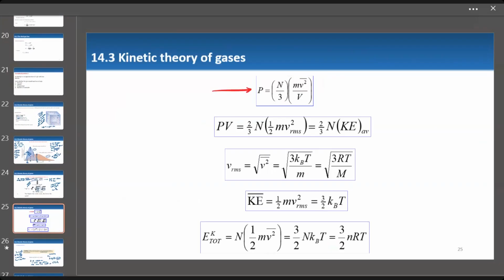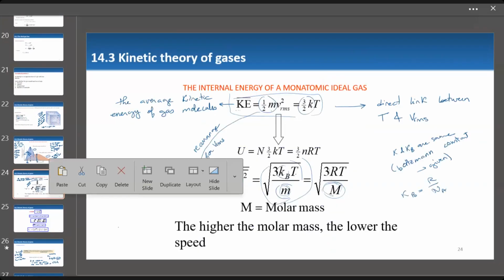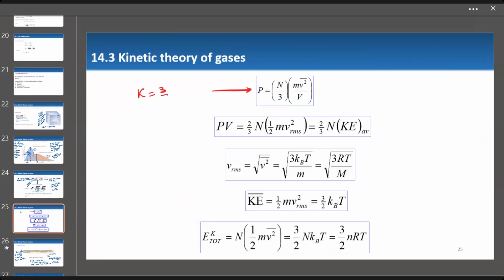We previously wrote down that K is equal to 3/2 kT, right? I can use the ideal gas law and substitute T with PV over NR from the ideal gas law. And then I can get a relationship between PV and the speeds of the molecules.